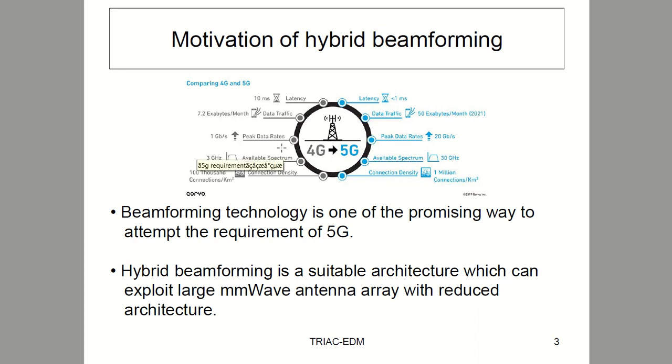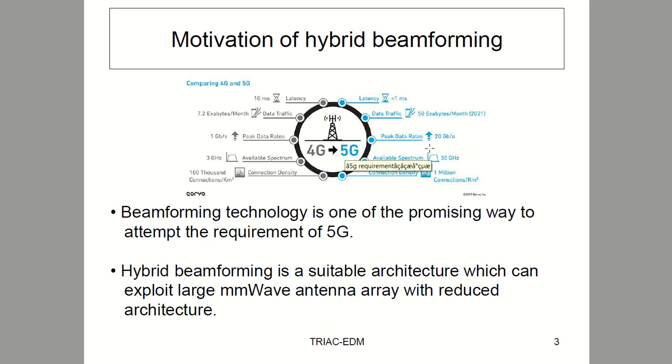And the peak data rate is 1 giga. Now we are expecting 20 giga. So we are expecting things to get higher and higher. And the available bandwidth is 3 giga. Now we would like it to have 30. So that's also part of the reason.